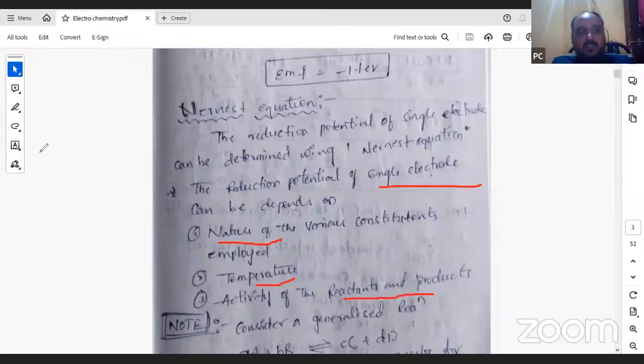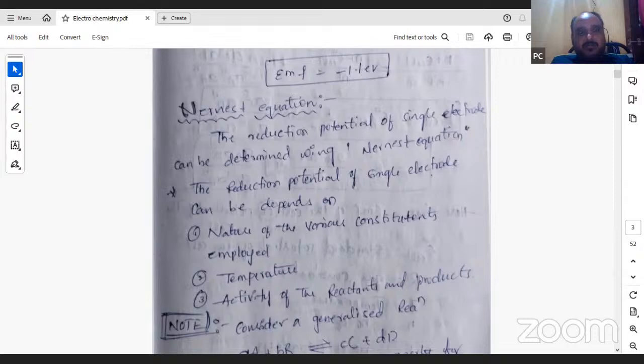These are the three parameters: the nature of the constituents in that particular equation, temperature, and activity of reactants and products.